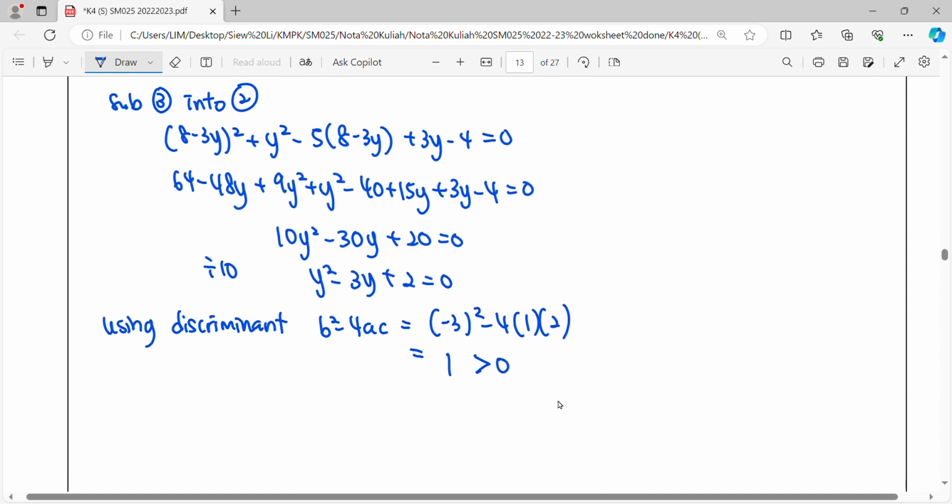Indirectly, we can prove that this quadratic has two real roots, therefore the circles intersect at 2 points.